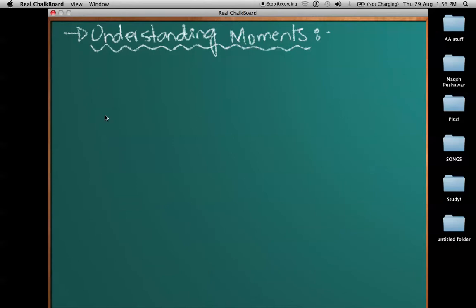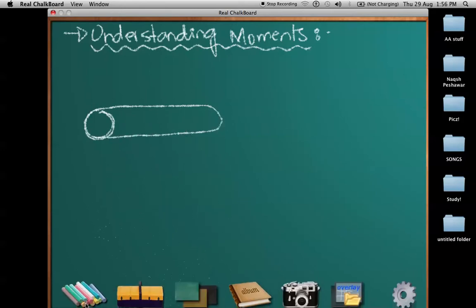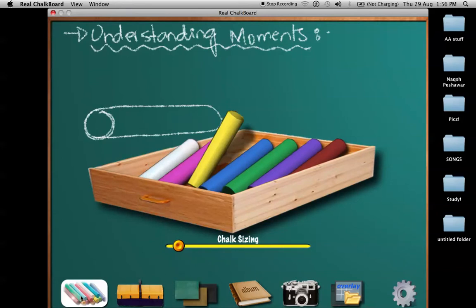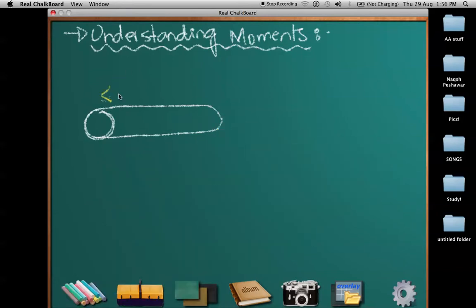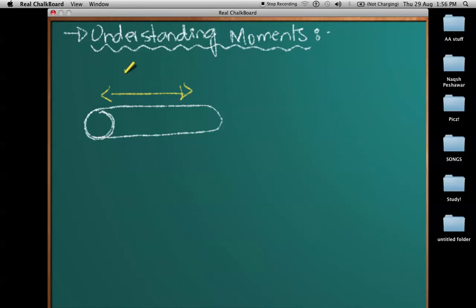If this is a doorknob here, and let's say this distance is ideally just 10 centimeters, and this is the fixed point in your doorknob.